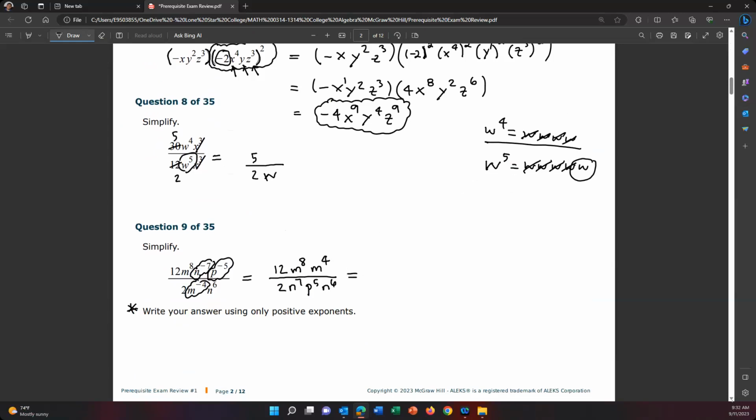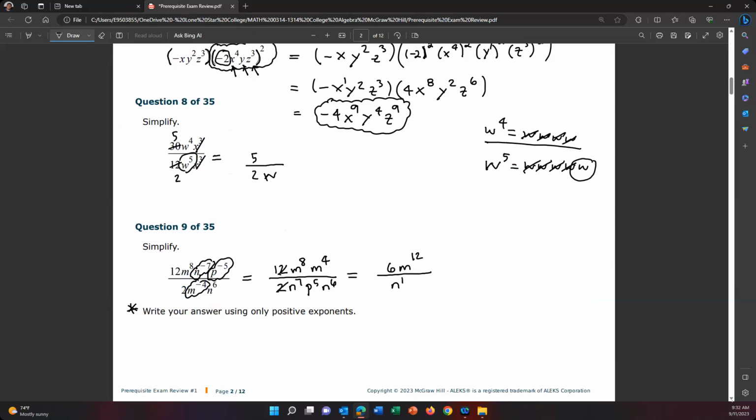So let's see, 12 divided by 2, that's 6. That wasn't that bad. We're noticing there's an m to the 8th, an m to the 4th. We keep the same m and we add the exponents, okay? Down here, well, think about that. That's already gone, so let's not get confused there. But the n's, there's 7 of them and another 6.